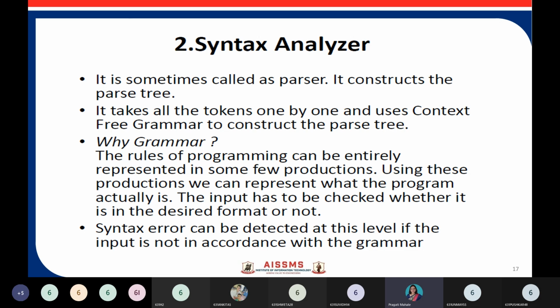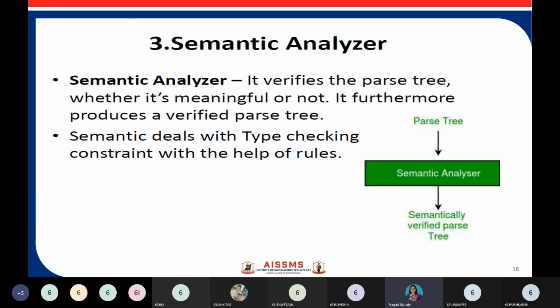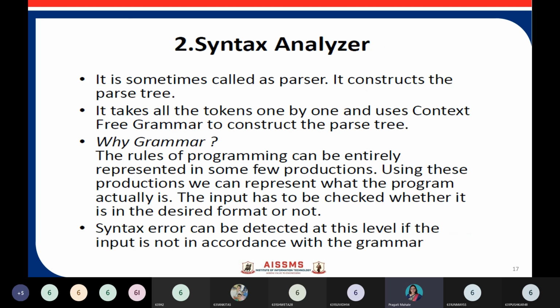So the input has to be checked whether it is in the desired format or not. A syntax error can be detected at this level if the input is not in accordance with the grammar. Because we have the grammar with the production rules, if it is not generating a proper production, that means there is some syntax error in your source code. That is the outcome of the syntax analyzer: to find any syntactical errors and indicate them to the programmer.